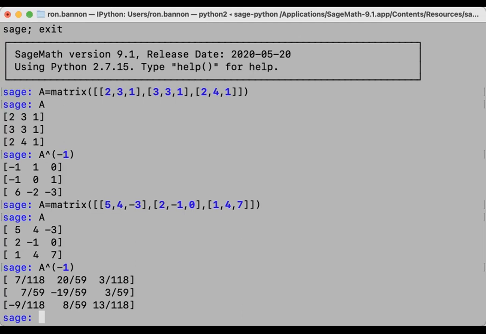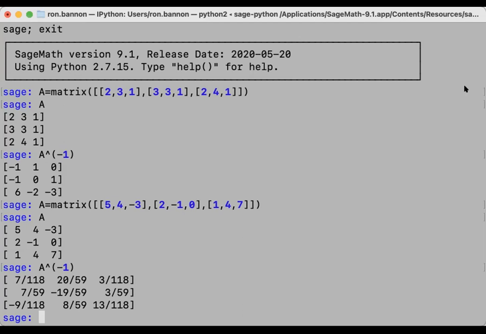And 3 over 59. Again, I'm just copying, and you should too. I mean, you should learn to copy. Not that it's a great skill anymore, but you need to learn. And that's a lot of copying, isn't it?